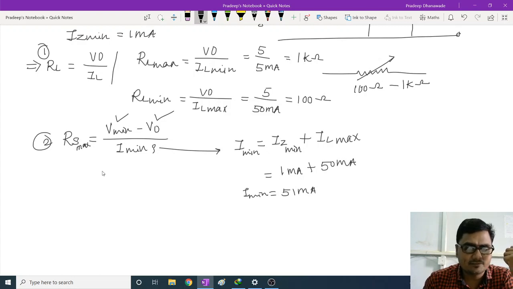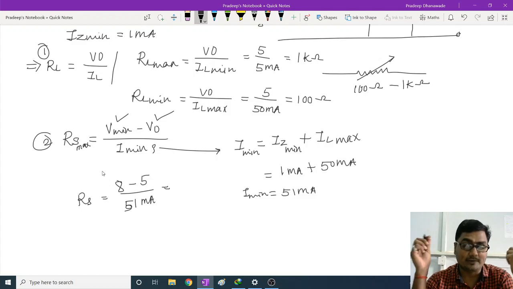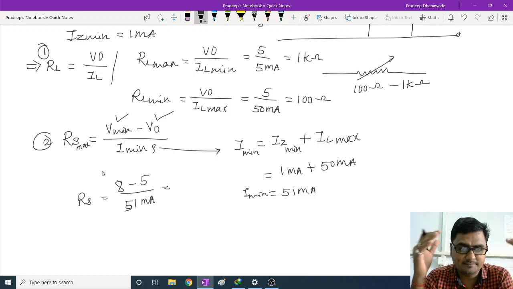So rewrite this equation for RS, then put the values. RS is equal to V minimum, 8 volt, minus VO, your 5 volt, divided by I minimum. What is I minimum? Yes, it is 51 milliamperes. Now use your calculator. 8 minus 5 divided by 51 multiplied by 10 raised to minus 3.